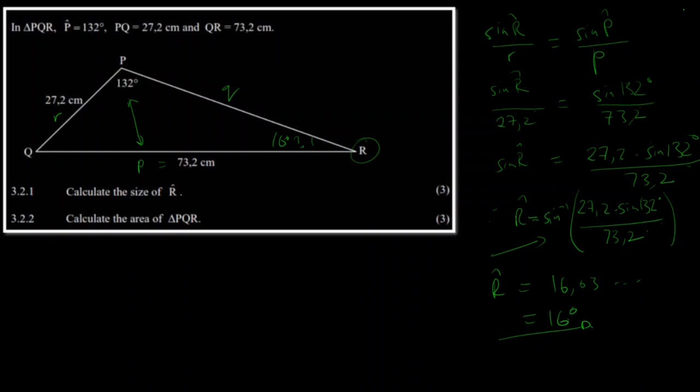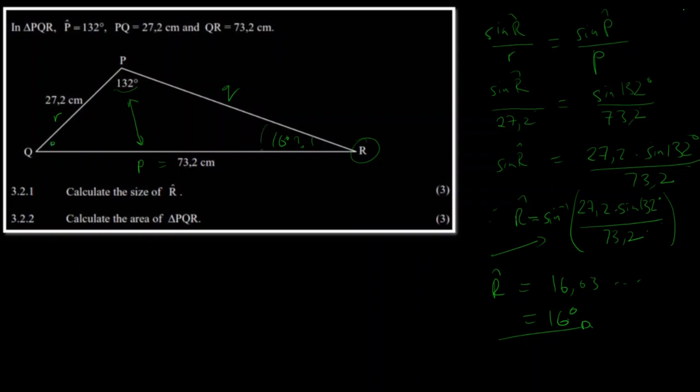The next thing they want is for us to calculate the area of triangle PQR, or the entire triangle. Now, we can use the area rule if we had PR. That way we could have used this angle, or we could have used that angle.